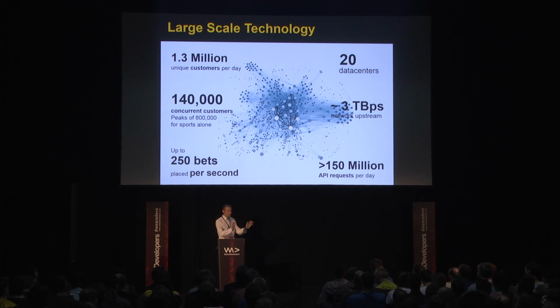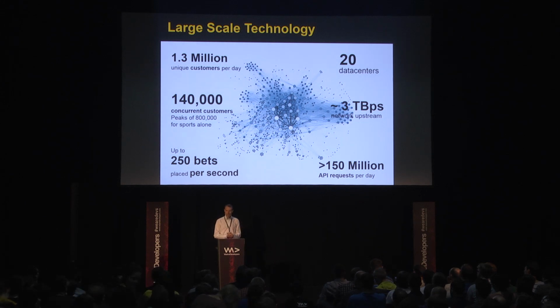They are starting, they want to place their bets, they want to see how the game develops and then adapting also their bets. Up to 250 bets per second, a lot of API requests. We have 20 data centers where we are running our own hardware and applications. So, and in this big setup, we have, of course, a lot of dedicated back offices for applications.